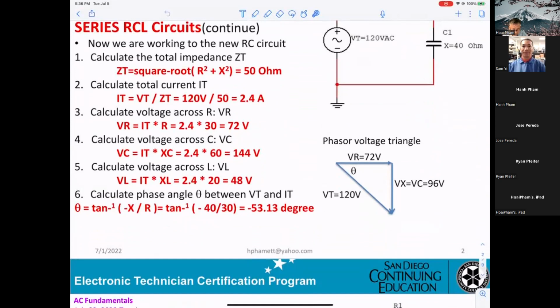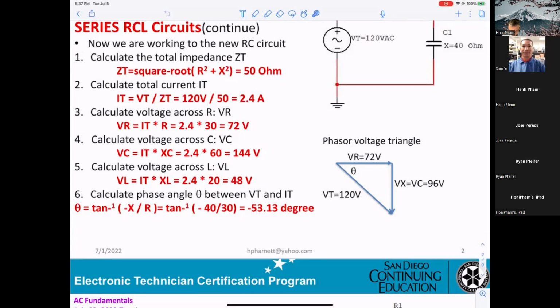VC equals IT times XC. XC is 60 ohm, times 2.4 amp. Okay, you get 144 volt. If VL, IT times XL, 2.4 times 20, you get 48 volt.